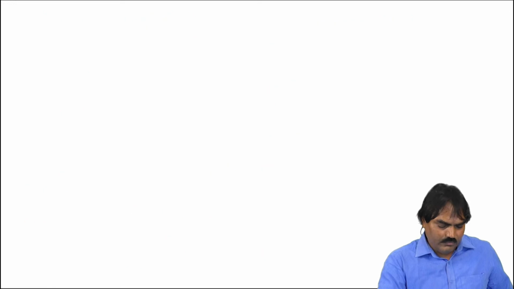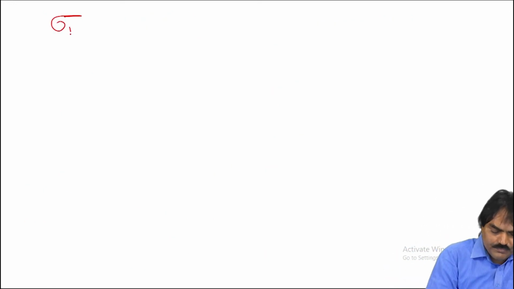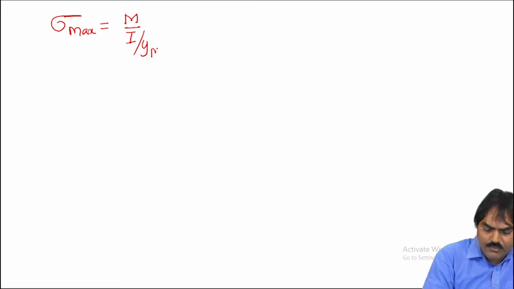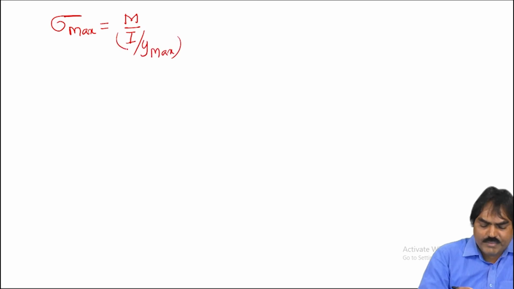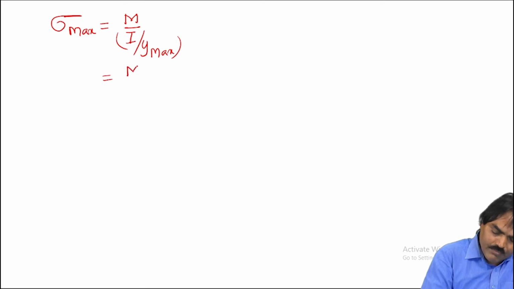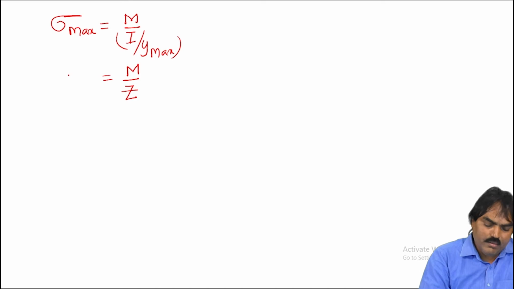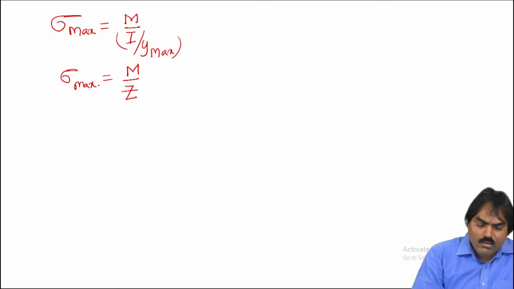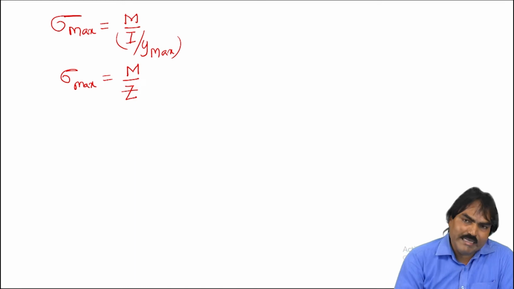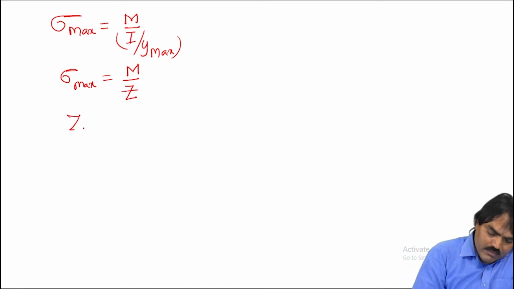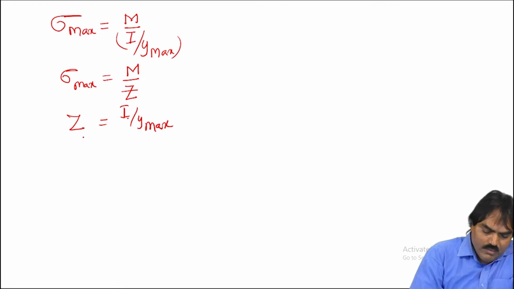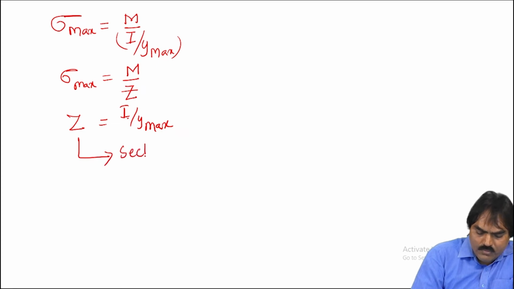So sigma max is equal to M by I by y max, which I can write as M by Z. Here, replacing the moment of inertia and maximum distance by one single parameter, that is Z. Here Z is called I by y max. This is the section modulus.